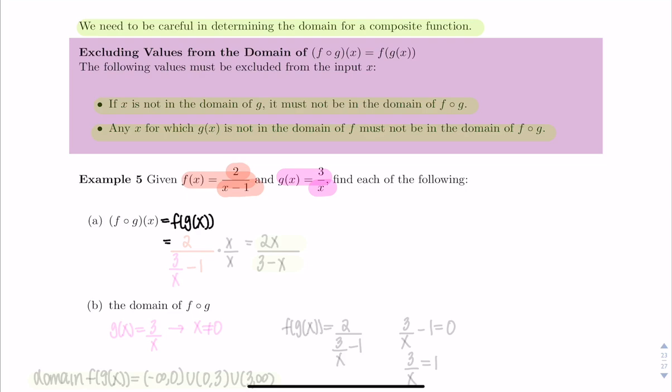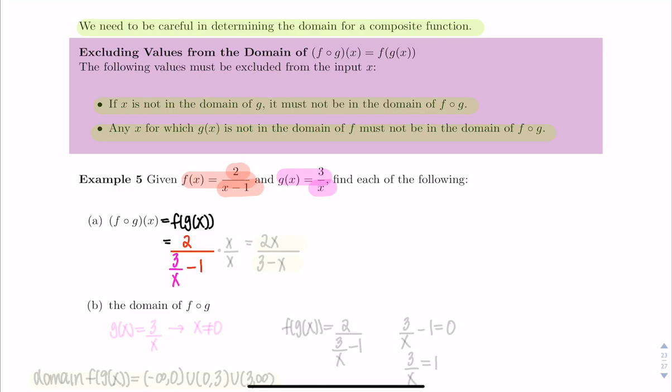So wherever I see an x, I'm going to plug in g. So I have 2 over 3 over x minus 1.